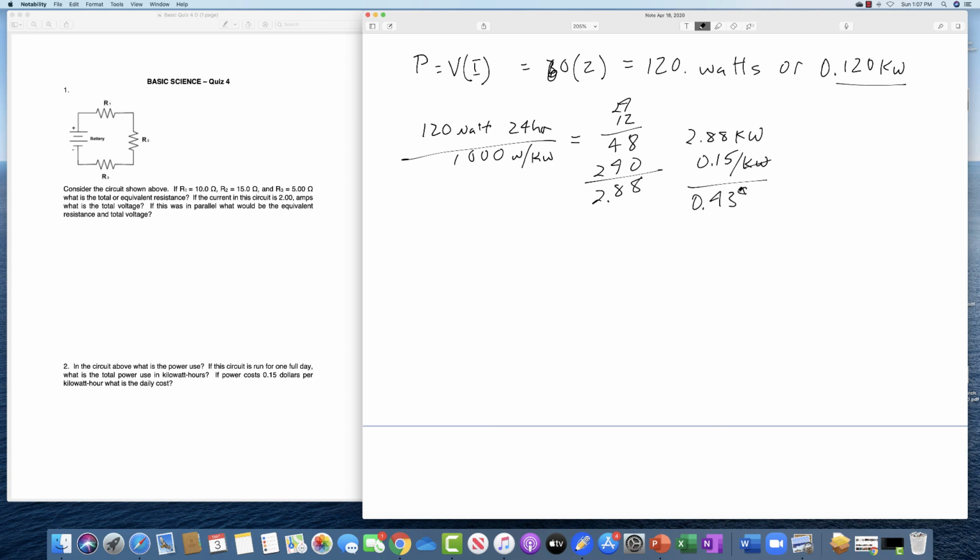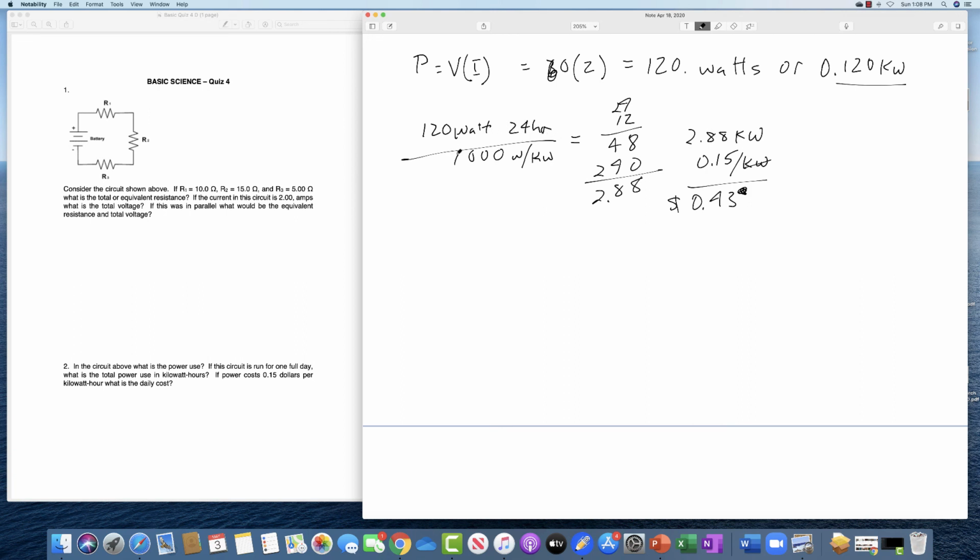43 cents in charge. So, going back up here, the power is V times I. Voltage was 60, I was 2. So that's 120 watts, or 0.12 kilowatts. So, the total power use in a day is going to be the number of watts times the hours of use.